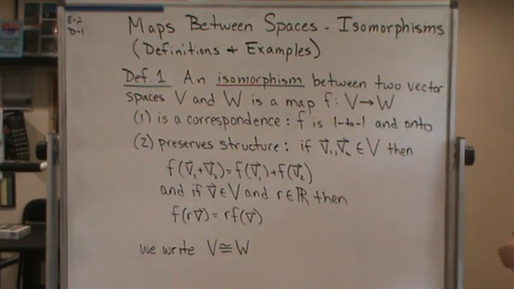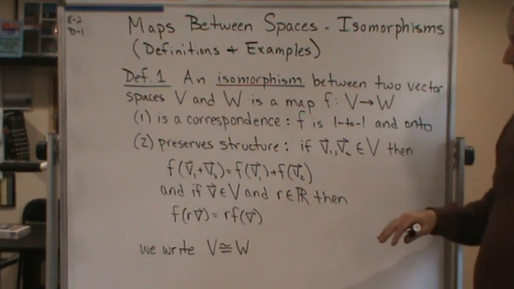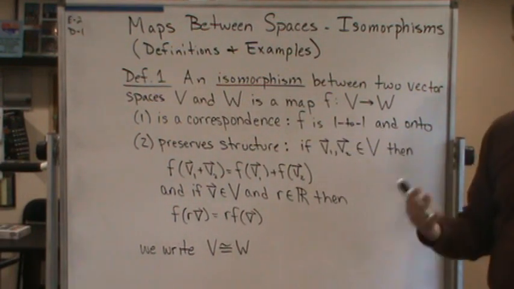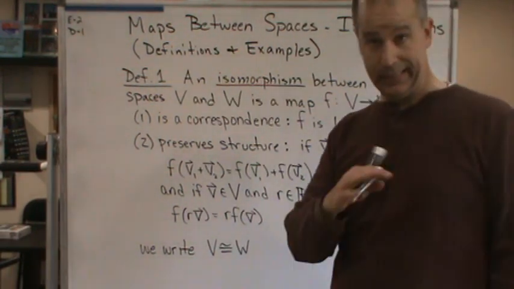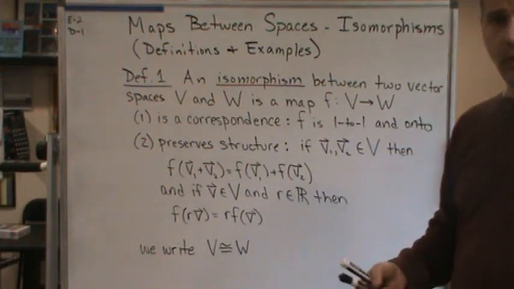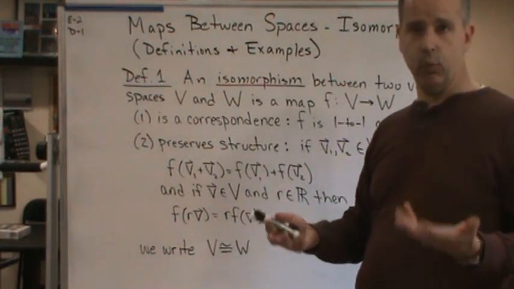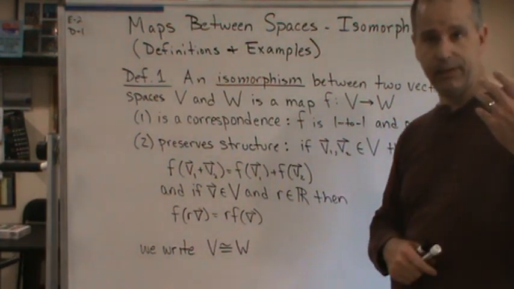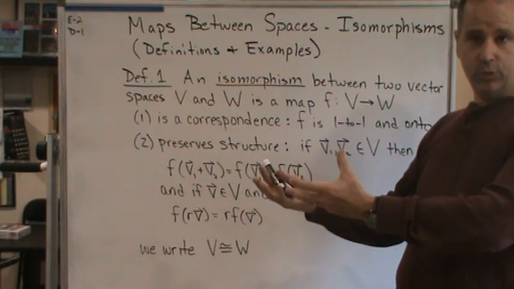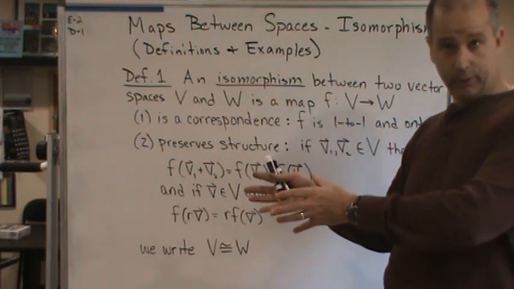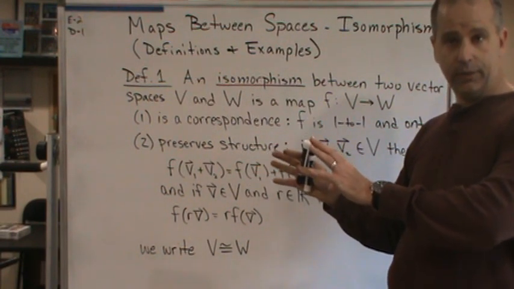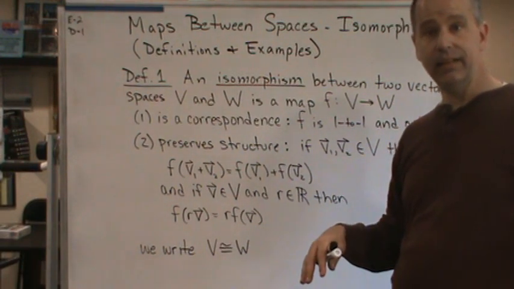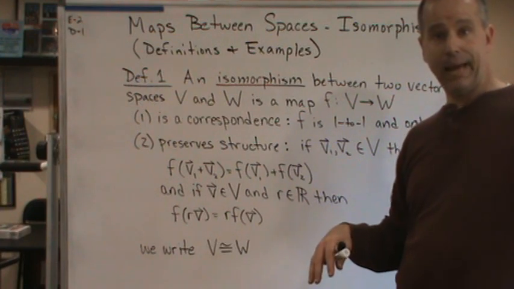Okay. What does that mean? Well, in this mapping, F being, so if you studied functions, right, most of you, and I'm assuming everybody watching the video has studied functions. Well, functions can be 1 to 1 and onto. So what does 1 to 1 mean? Well, remember, it means that for every value in the range, for example, just talking functions, there is exactly one value in the domain that maps to it.